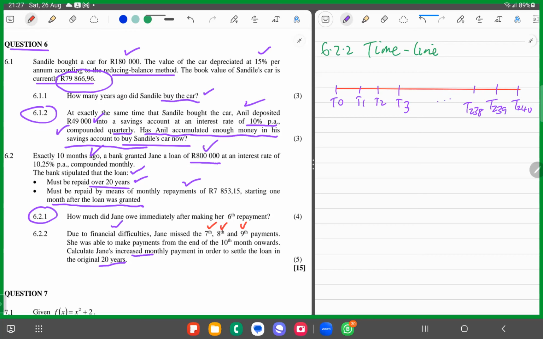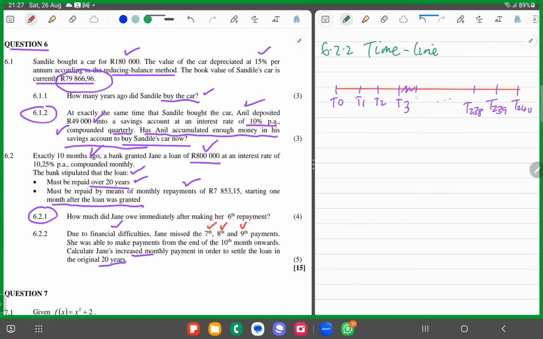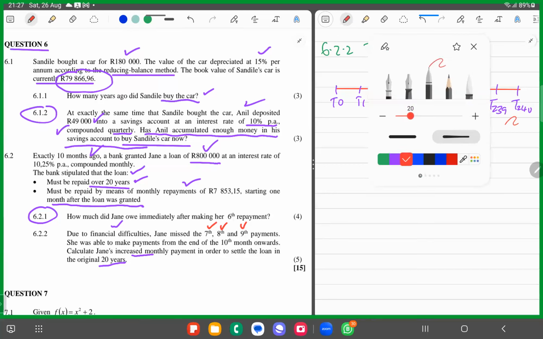Okay. Due to financial difficulties, Jane missed something. Like the 7th was out. So you have the 7th, you have the 8th, you have the 9th. All of them are in red.